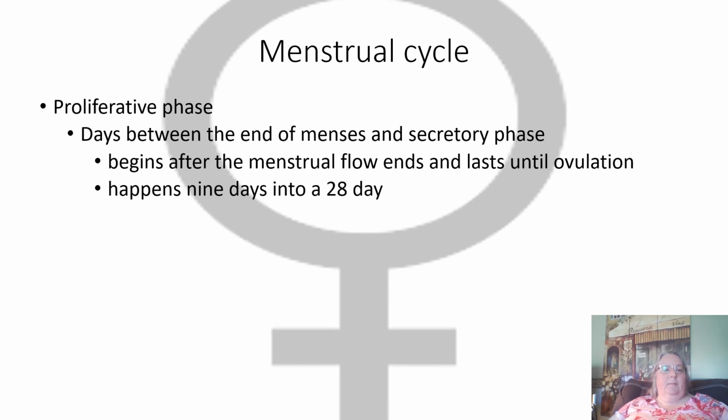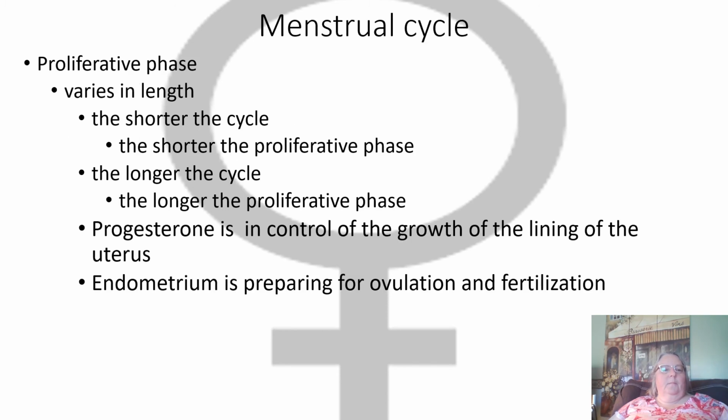Proliferative phase. The proliferative phase is the days between the end of menses and the secretory phase. Now, it begins after the menses flow and lasts until ovulation. It happens about 9 days into the 28 days. The proliferative phase also varies in length.